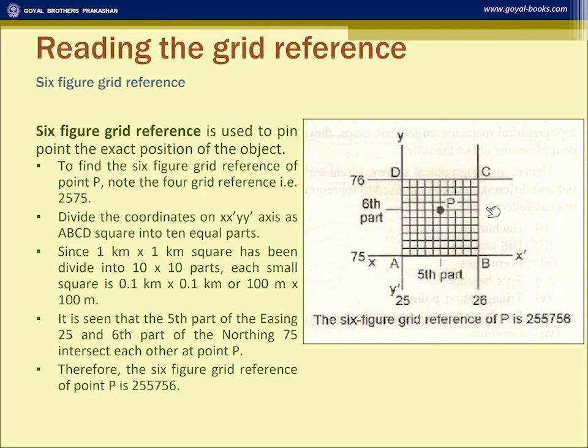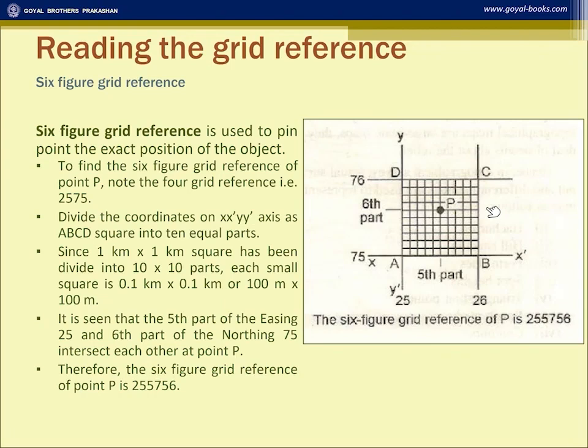For example, here 2575 is the four-figure grid reference of point P. Now, if we wish to find out the exact position where the easting and northing of this grid intersect each other, showing the position of P, we must divide it mentally into 10 parts. Now, when I say mentally, it means that generally we can find out which is the fifth part of this easting and which is the fifth part of this northing.